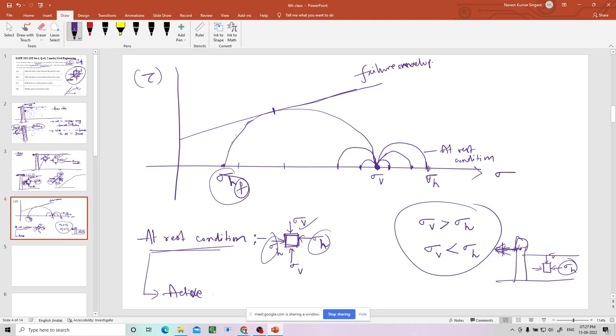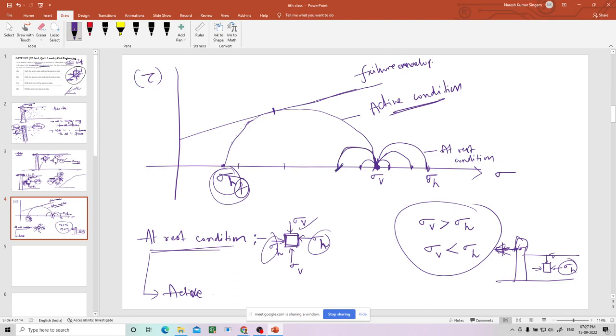Now see, at the failure condition, what is happening? Sigma h is falling to the left side of sigma v, okay. This is how the Mohr circle looks for the active condition, right? Now suppose I start with this circle.